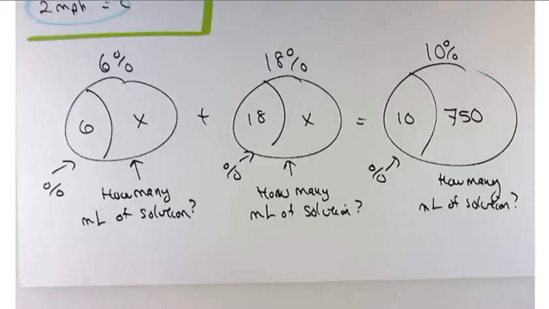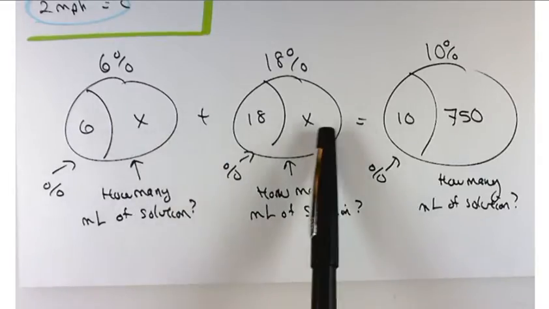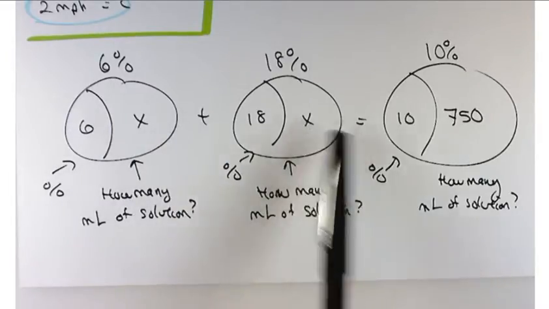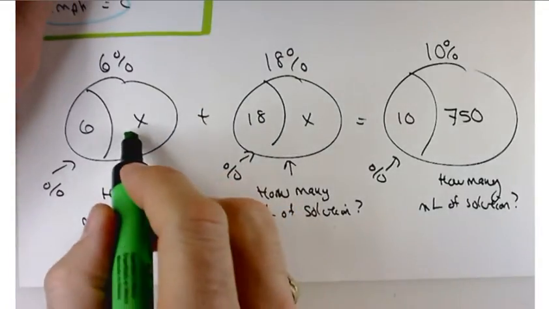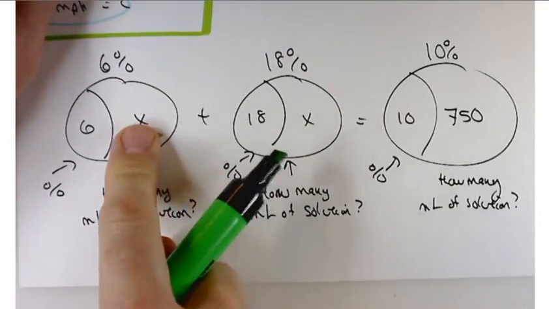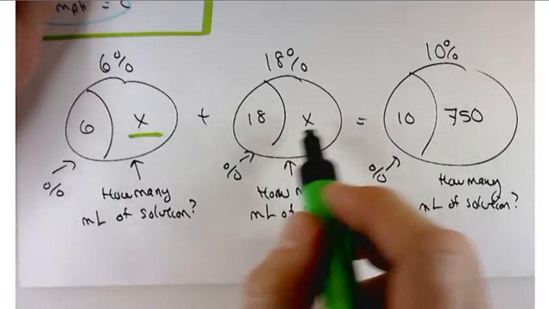There's two unknowns. How many milliliters of this? How many milliliters of this? So if there's two unknowns, how many equations do I need? 2. Now the first one kind of reads itself off. If you have X milliliters of solution here, and you add, oops, I put an X here.